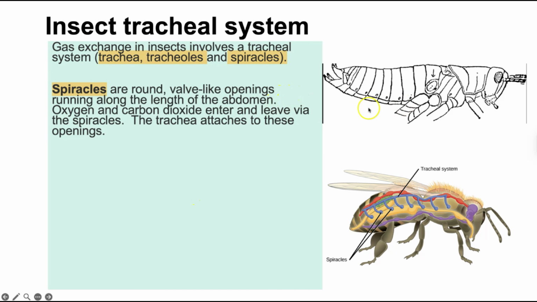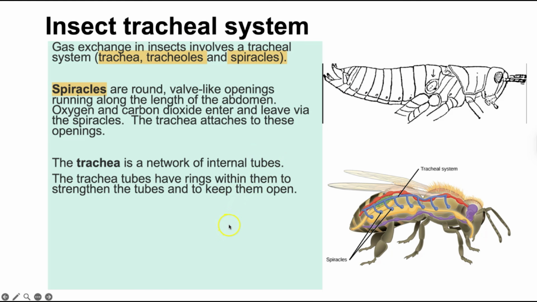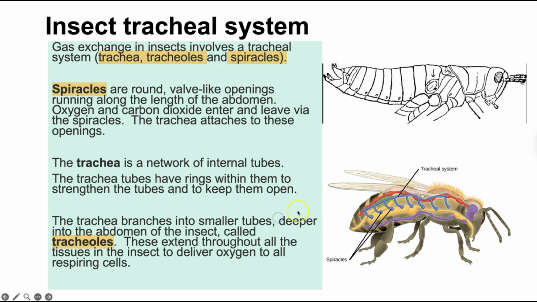The spiracles are these round valve-like openings that run along the length of the abdomen, and they can open and close like stomata in plants. And that is where the gases can enter and leave. The trachea is a network of internal tubes. So once the gases enter through the spiracles, they then go through the trachea, and they do have rings within them to keep them open the whole time.